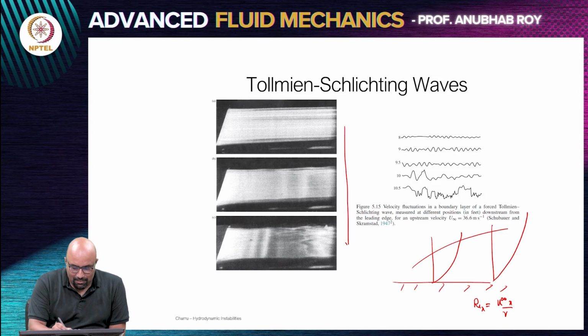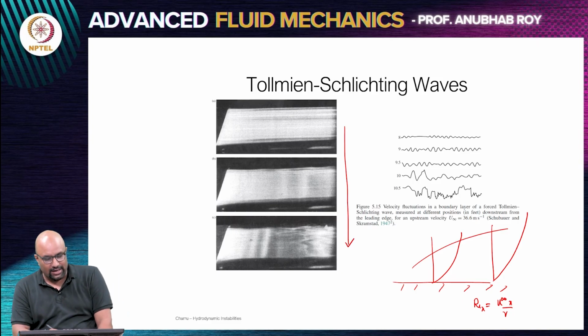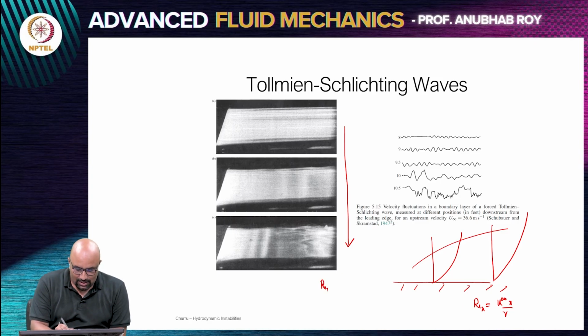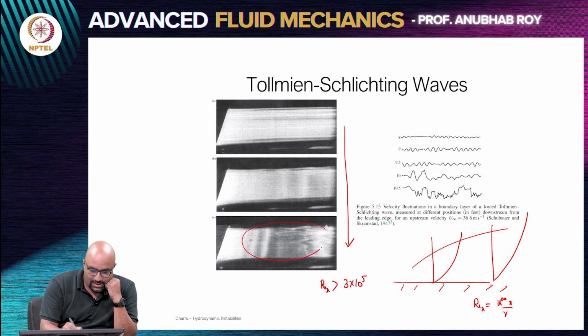These are the observations of the boundary layer at different x locations. So, when you go to an x location which corresponds to an Rex that is larger than around 3 times 10 to the power 5, you see signatures of wavy behavior in the boundary layer.